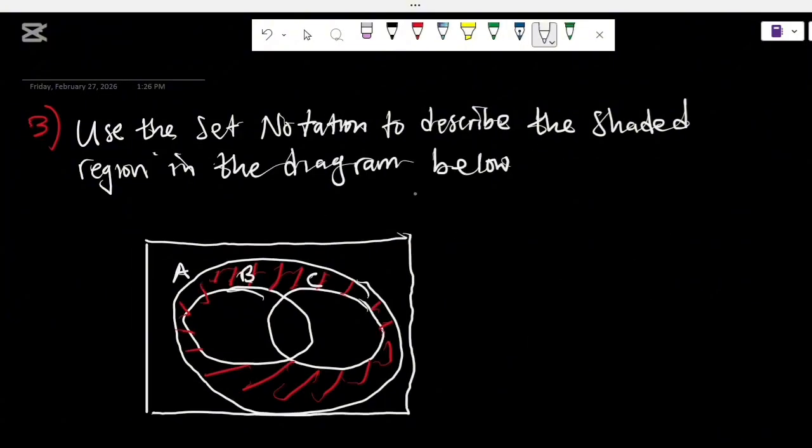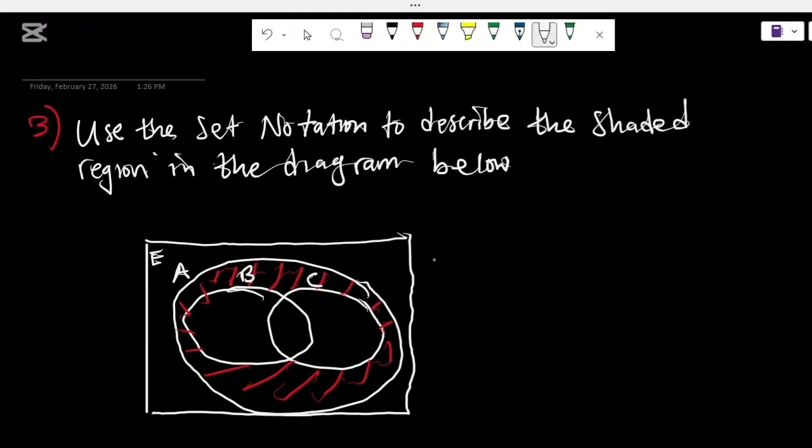Question 3. Use the set notation to describe the shaded region in the diagram below. So you notice that you have the universal set here, and you have set A, which has 2 subsets, set B and set C. You notice that the part that is shaded is that which belongs to A, but B and C are excluded completely.